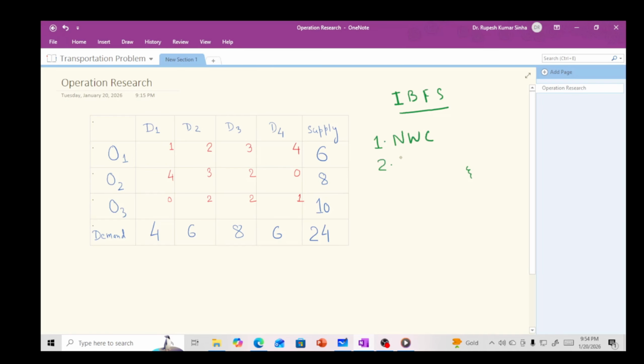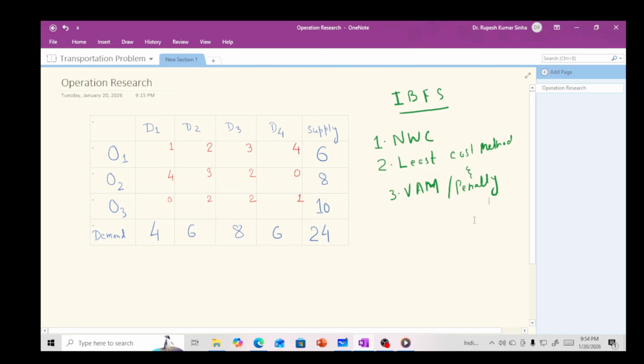The second one is the least cost method. And the third one is known as VAM, or penalty method.